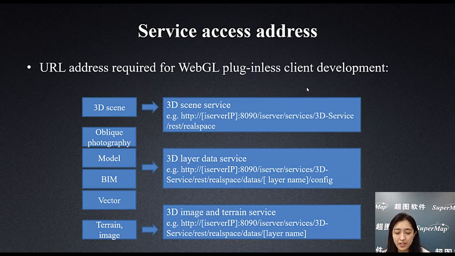pluginless client development. So for the 3D scene, you could publish a 3D service, and this address is localhost 8090 iServer service and the 3D service, and the rest real space.